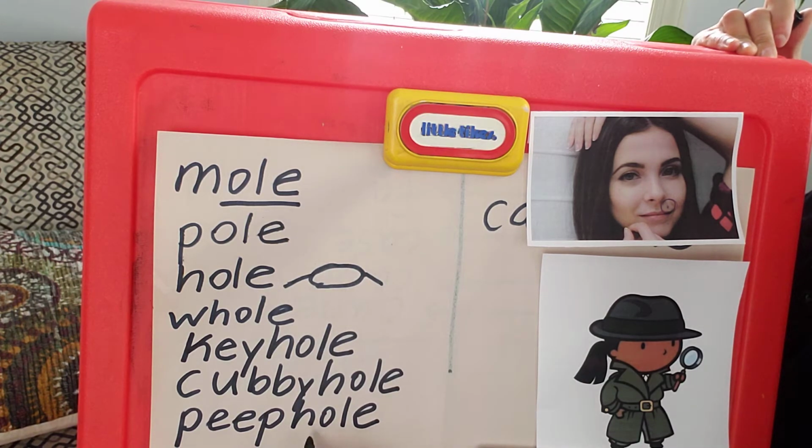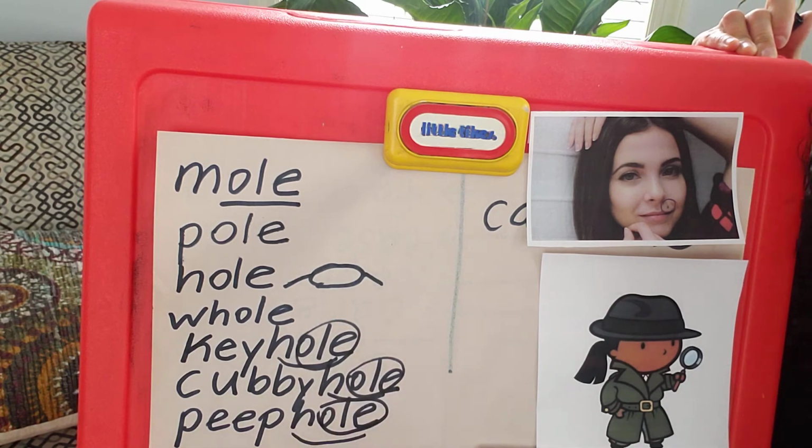Now, these words all have the word hole inside, but they all have also the O-L-E, right? And let's think about that for a second. A keyhole, a cubbyhole, and a peephole are all kind of small holes, if you think about that.